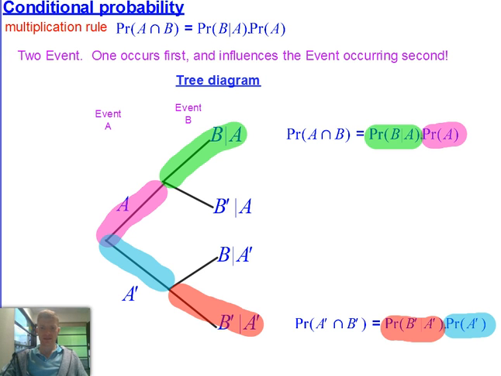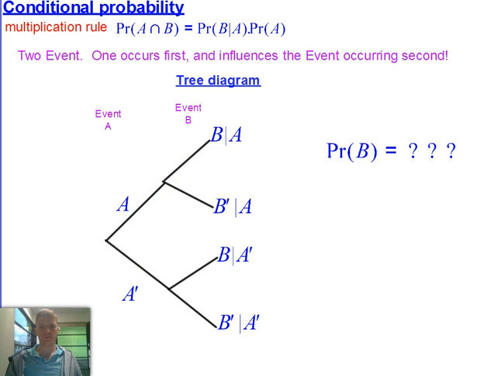So now let's see how we can use this tree diagram and put it together in a problem. But before we go with that, let's think about the situation. What happens if we just want to ask this question: what's the probability of the second event B occurring?